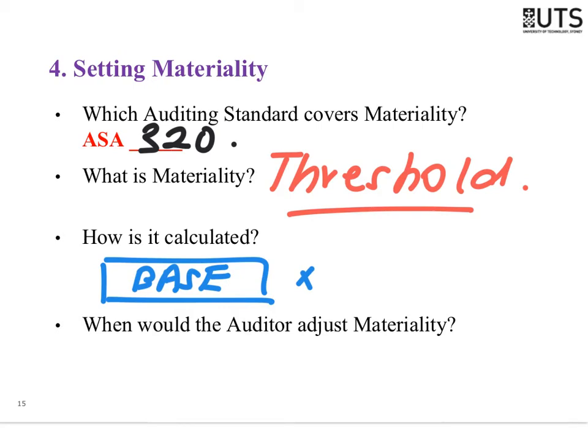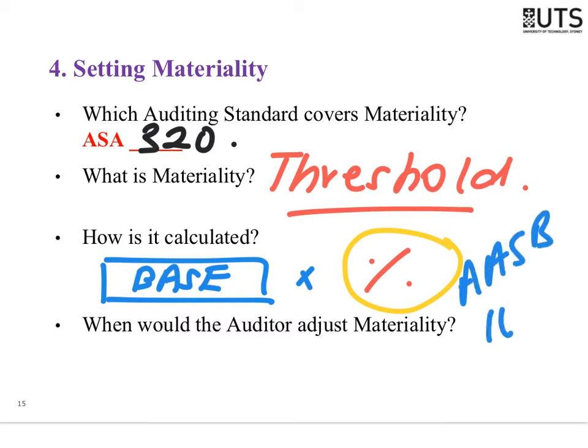Once you have your base, you multiply it by a particular percentage. Again, you use judgment to determine what percentage to use. There is some guidance out there, one of them being the accounting standard that deals with materiality, AASB 1031. If you go back to your notes, we had a slide on this, and that gives you some guidance, but a lot of this comes down to judgment.